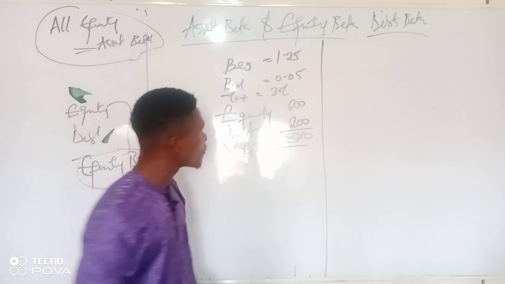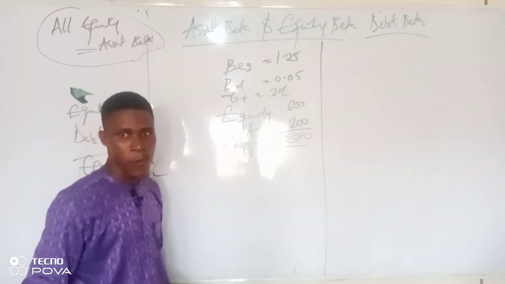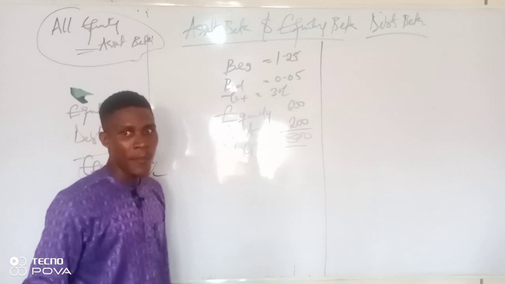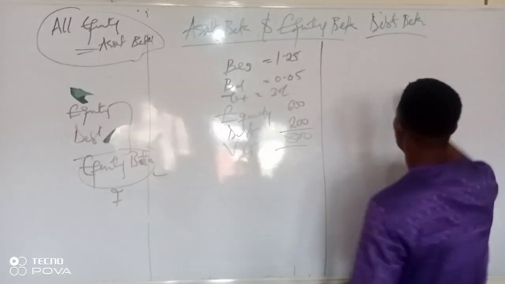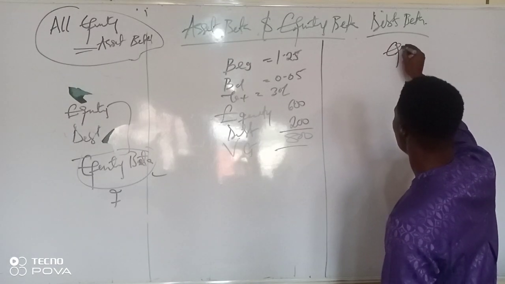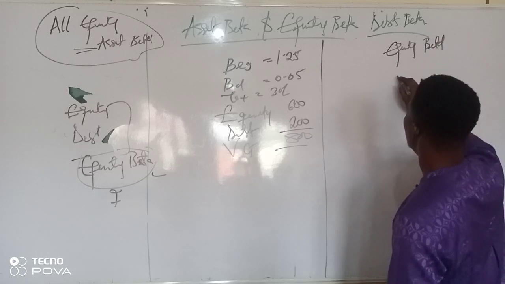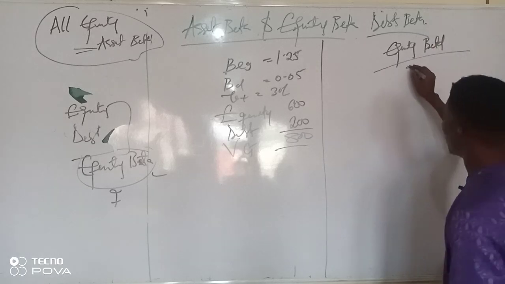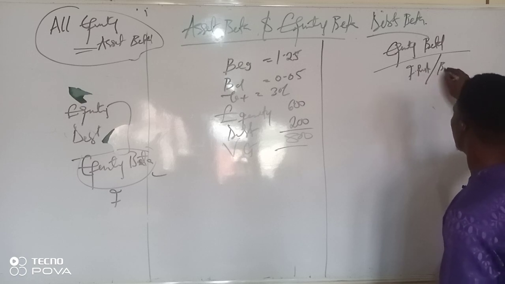Maybe I'm not getting it right. You said equity beta is both equity and debt. Is that what you said? When you have equity beta, it measures both financial risk and business risk.